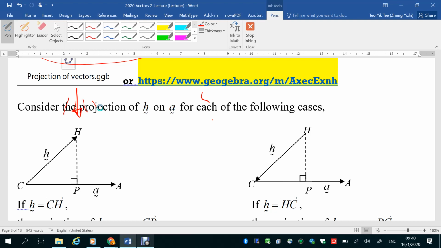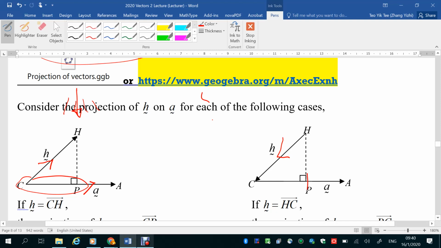Let's try again. Look at the second diagram now. I want you to project HC. Just now I asked you to project CH onto CA, and you told me the result is CP. What if I want you to project HC onto CA? Where is the shadow?